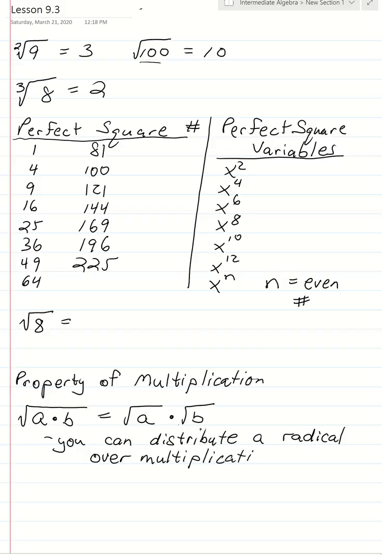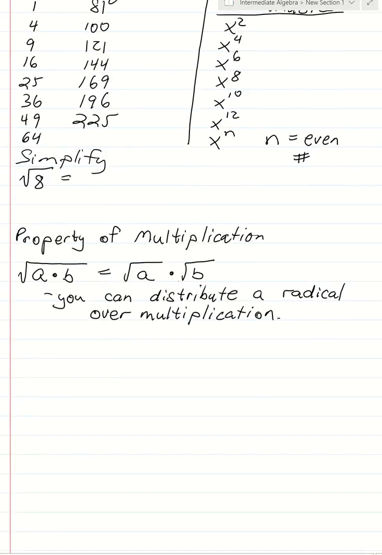And we're going to use this property when we want to simplify the square root of 8, because that's what we're looking to do here. So here's what we're going to do. One thing that we can do is take that square root of 8 and think of two factors.